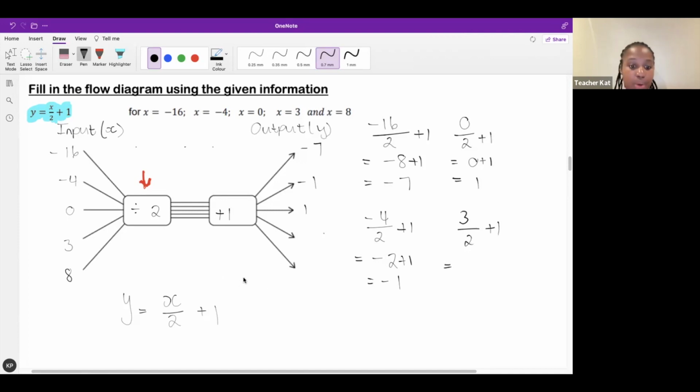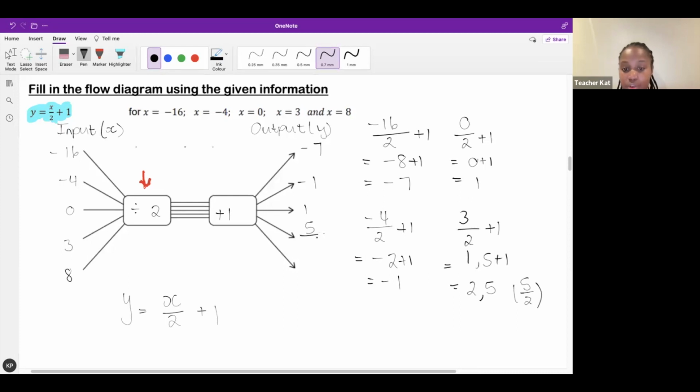What's 3 divided by 2? 1.5. And then if I add 1, I can either write it as a decimal, which will give me 2.5, or write it as 5/2.